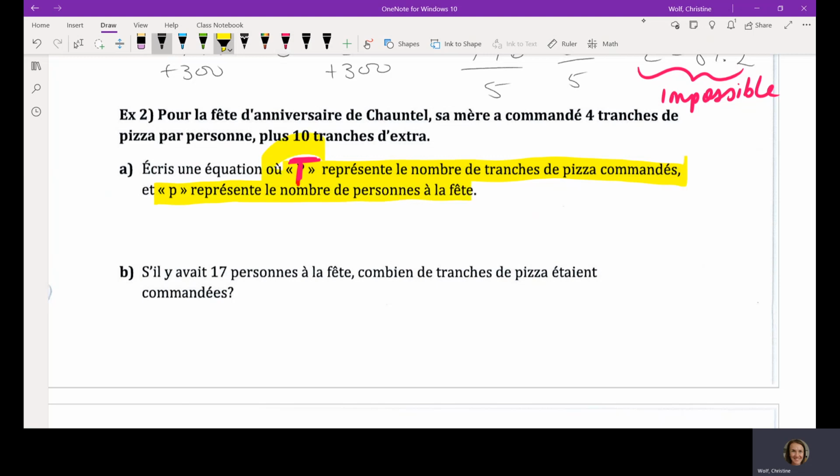So, typiquement, la première lettre que je te donne, la grande lettre au début de la phrase, le T, je commence avec ça. So, our total number of slices of pizza equals 4 par personne et puis 10 extra. That's it. It's not so hard. 4 per person plus 10 extra.